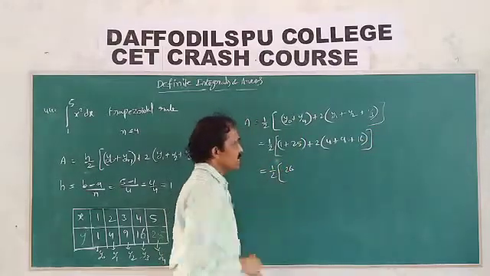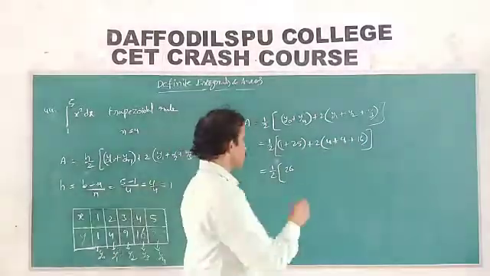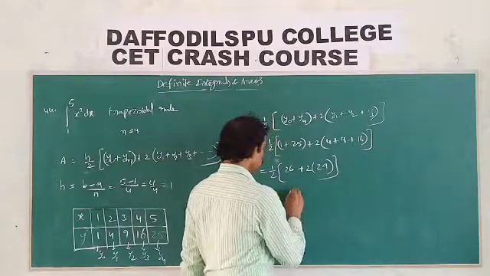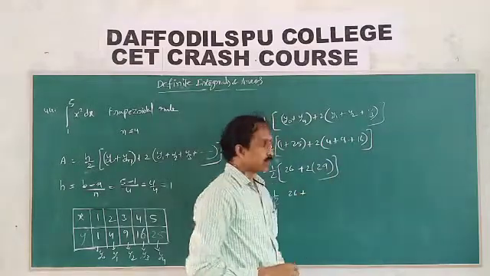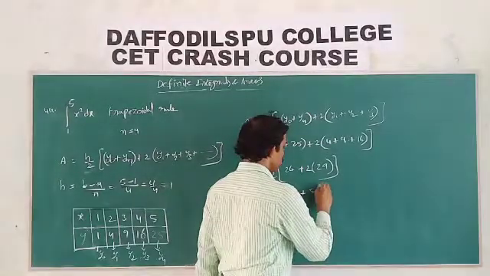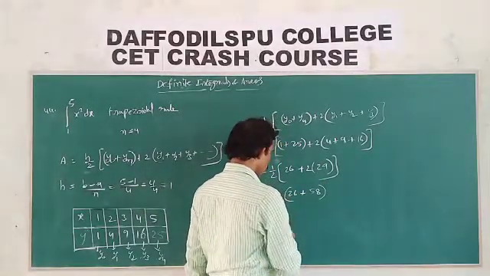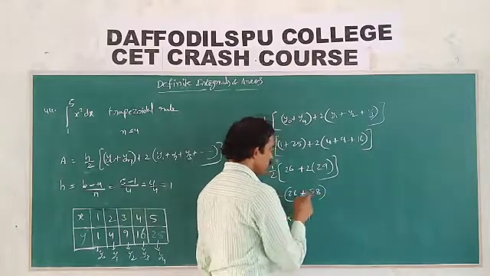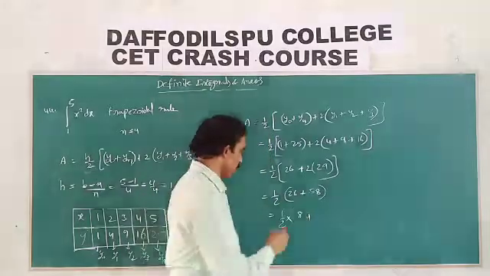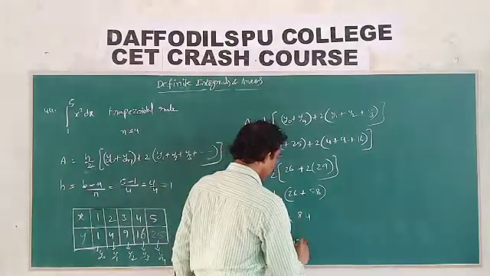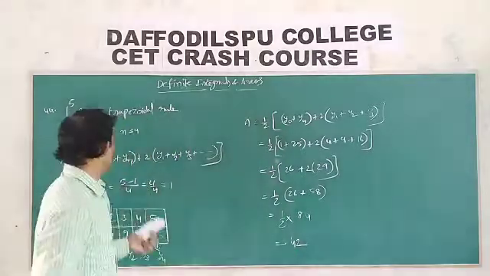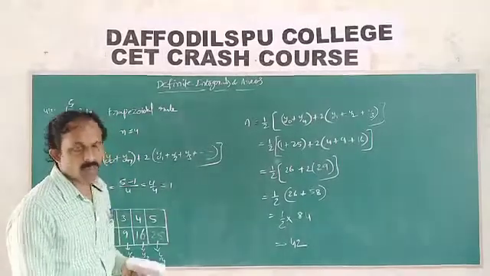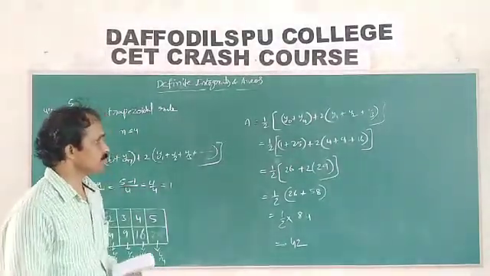This value 26, this value 29. 2 times 29. 1 by 2, 26 plus 2 into 29, 58. 1 by 2 of 84. This value is equal to 84 by 2. This answer is equal to 42. So that is the area by using trapezoidal rule. So the correct option is 42.